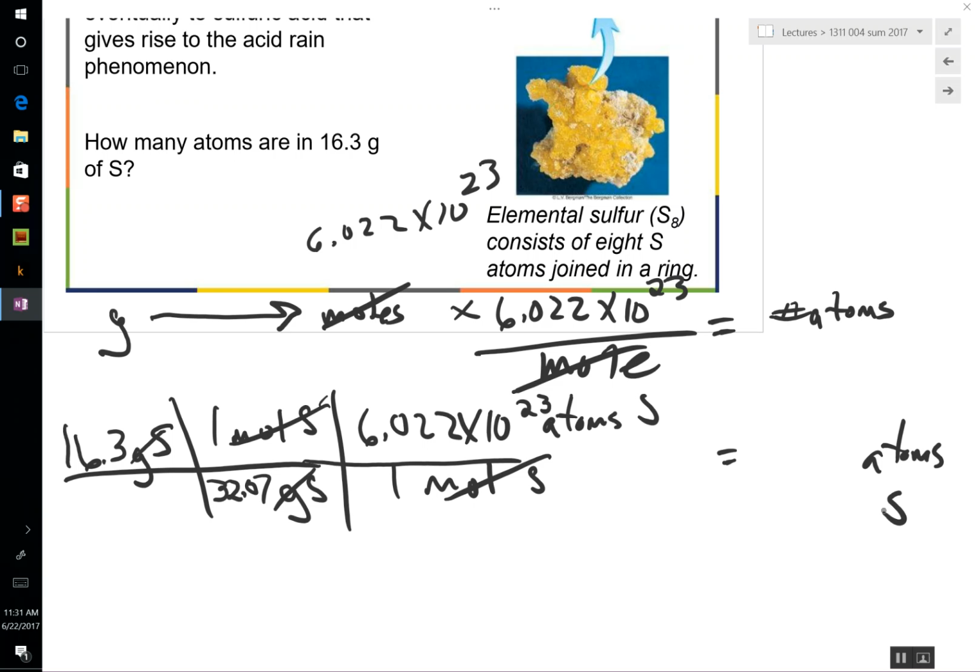I'm going to use my scientific notation key, times, and I'm going to put parentheses around that. I don't think it would make a whole lot of difference on this problem. So I'm getting 3.06.